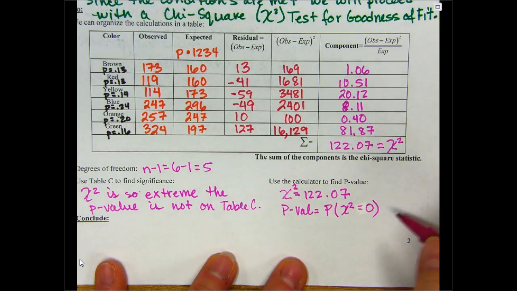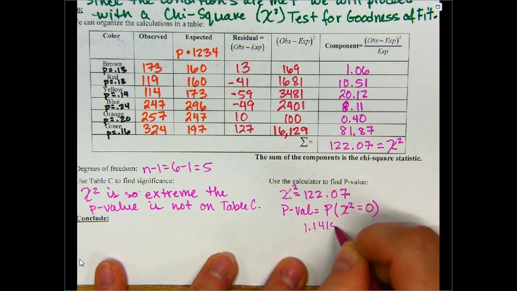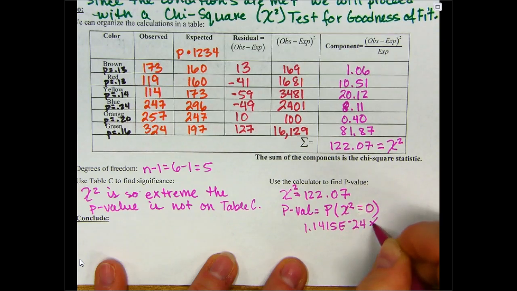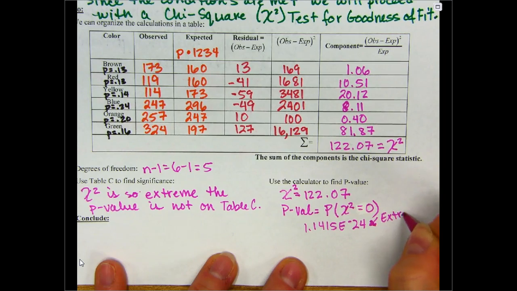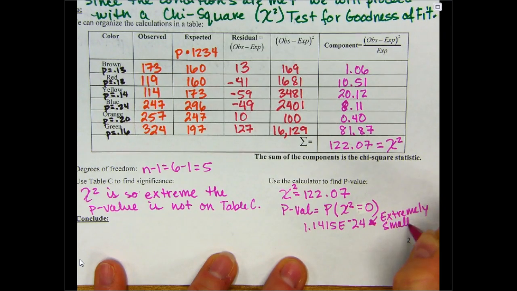All right. But basically what we're saying, the probability that there was no change was 1.1415. You can write e to the negative 24, and you just need to say extremely small value.